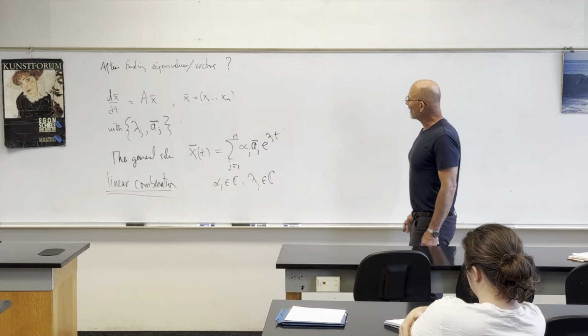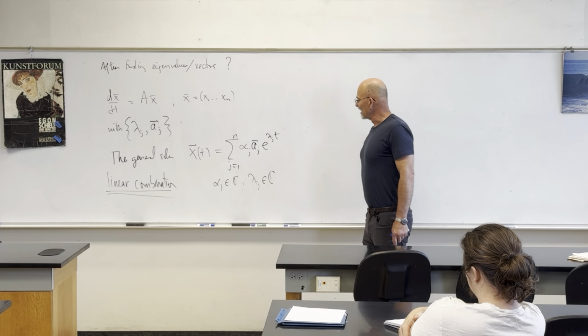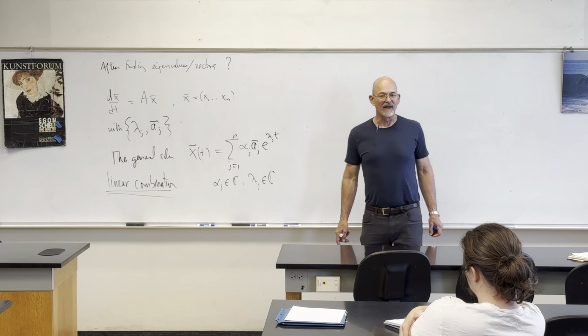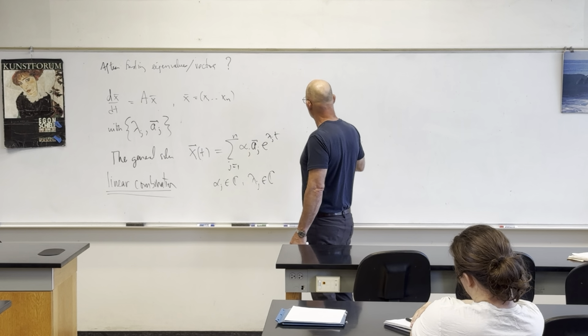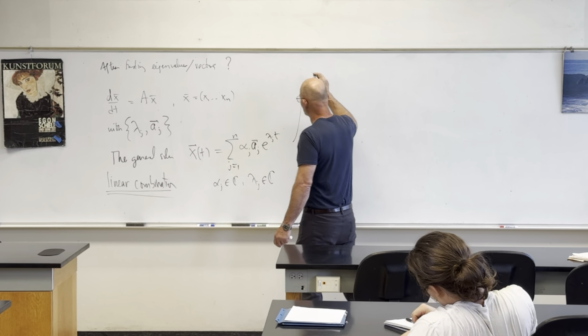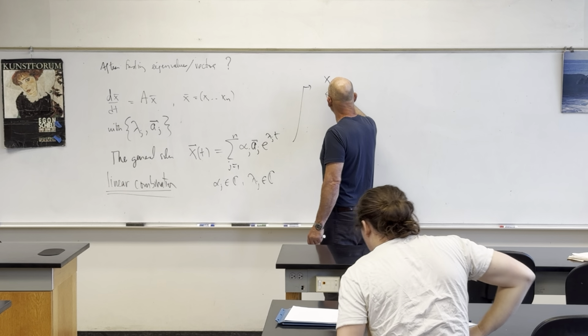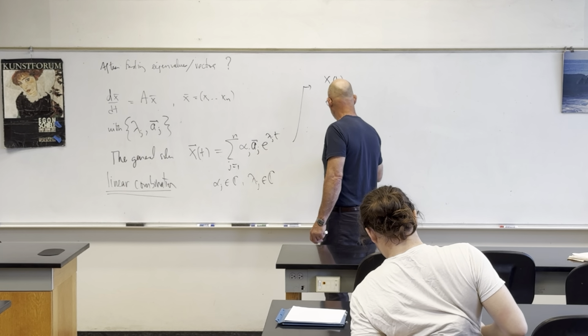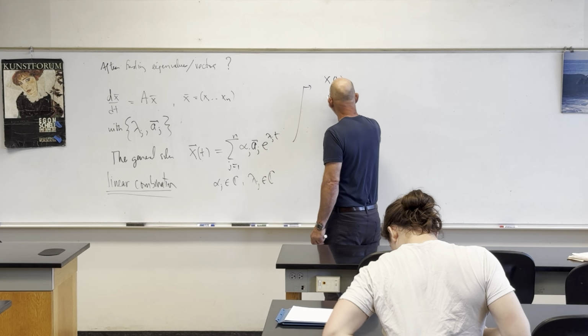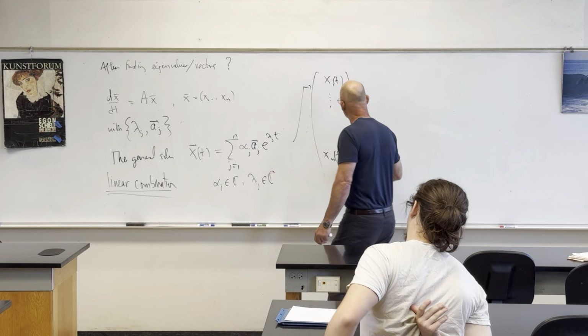So we can actually write this as a vector matrix equation. What would that look like? On the left side we would have x1 of t all the way down to xn of t, a big column vector.